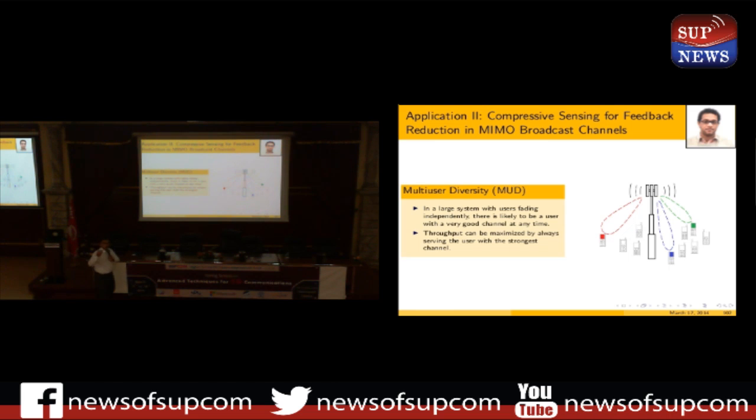The antennas create 3 beams, and each user finds the SINR of each beam, decides which beam is the best for him, and feeds back that strength to the base station.